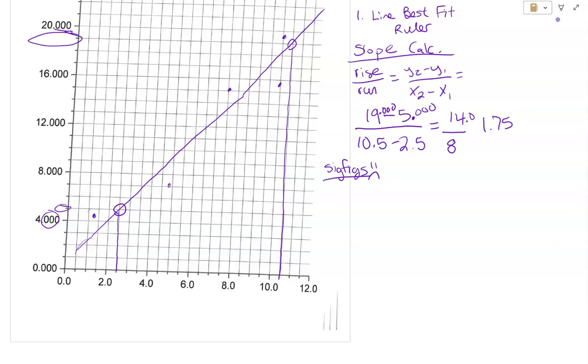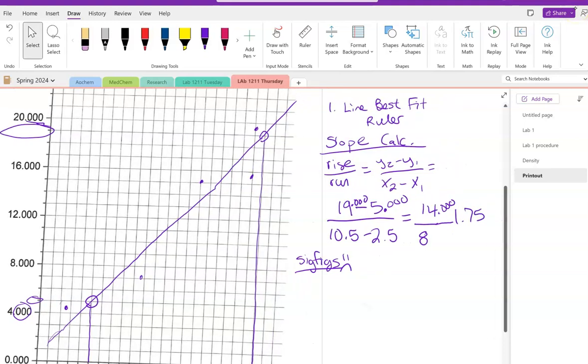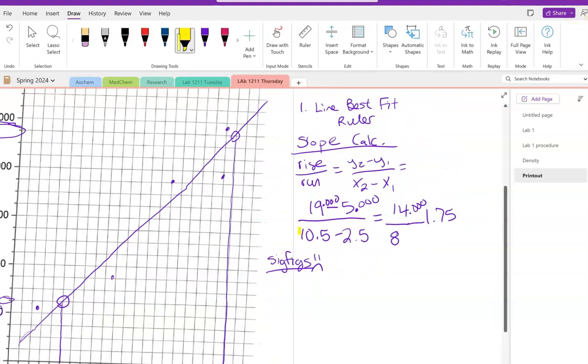So if you have 3 and 3, then my answer there, that 14, should have 3 decimal places. Now let's look at the x-axis. If we look at all these, they only have 1 decimal place. So the way we have it written right now, 10.5 and 2.5 is correct. So our 8 needs to be 8.0.